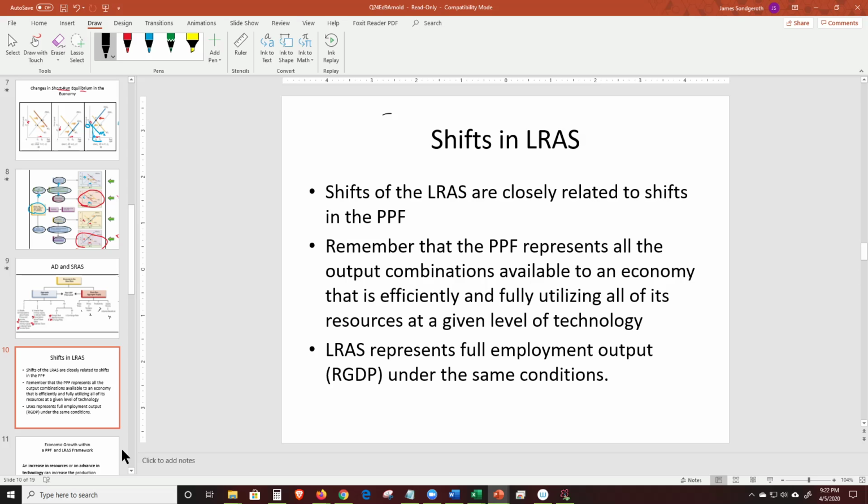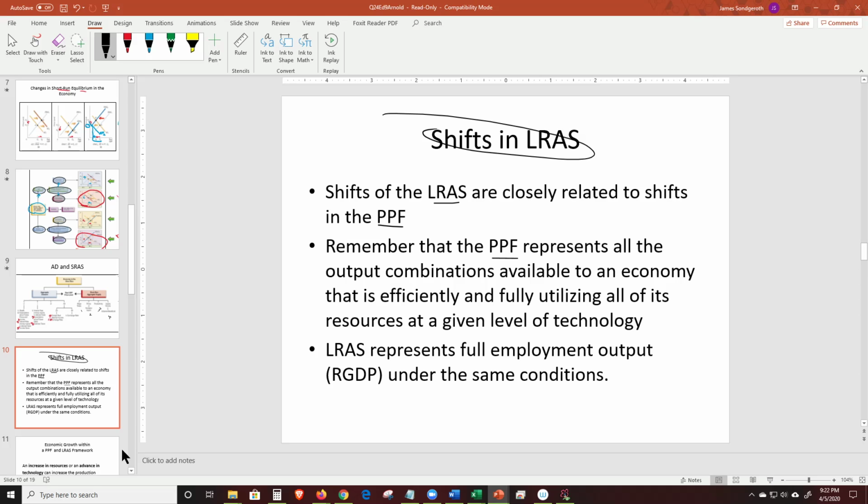Now we're going to shifts in the long run aggregate supply. So first, be aware, as I had indicated in topic number 23, that the long run aggregate supply is closely associated with the production possibilities frontier.